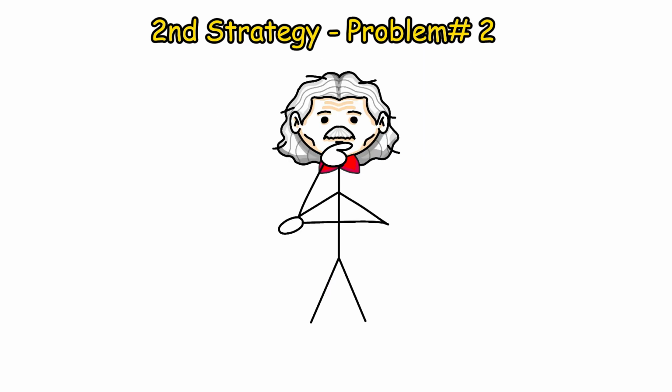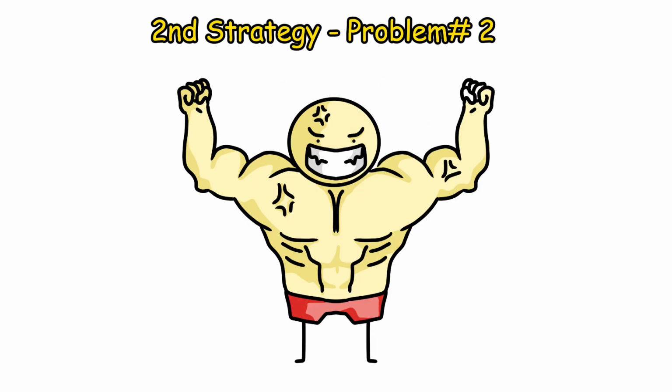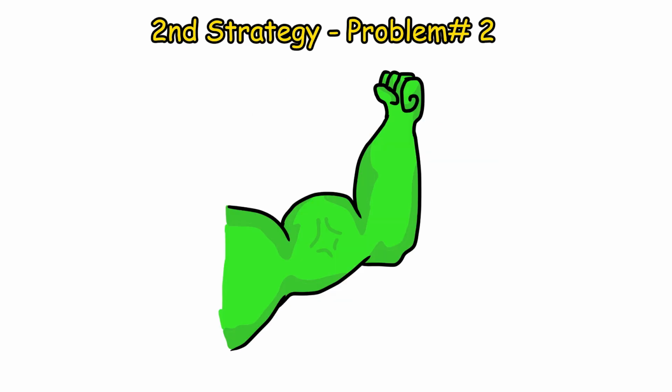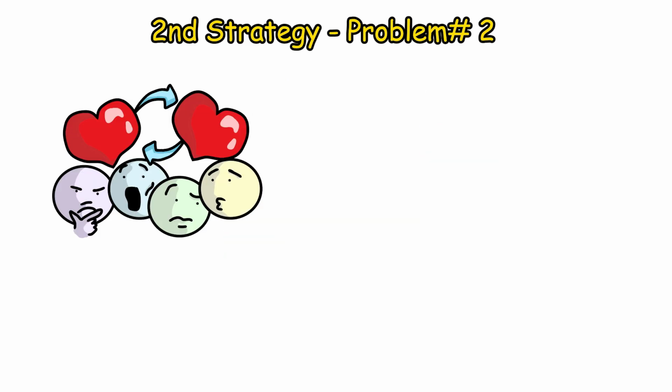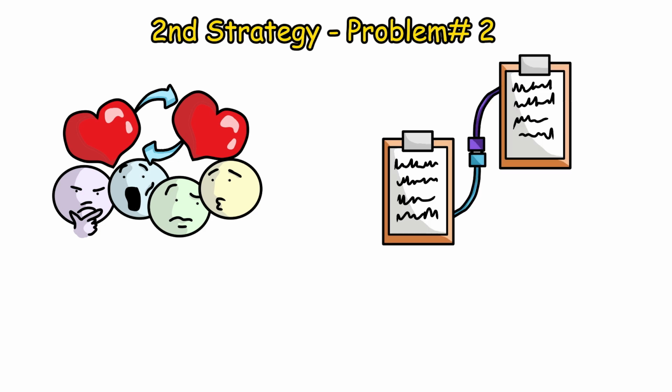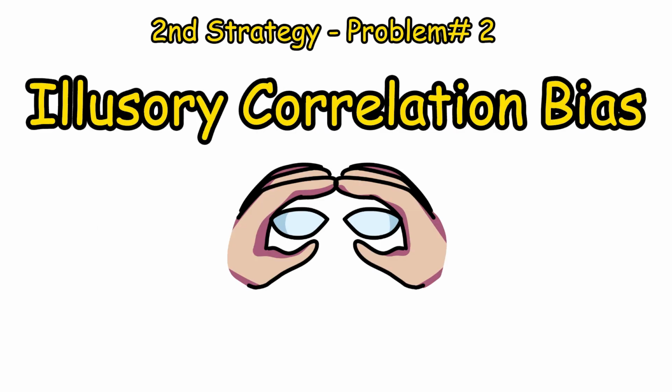Similarly, participants reported other associations such as large heads for patients with concerns about intelligence or muscular figures for patients with concerns about masculinity. This experiment demonstrated that people tend to perceive relationships or correlations between variables even when these objectively do not exist. This phenomenon is known as the illusory correlation bias.